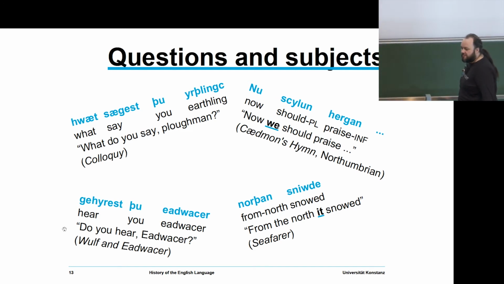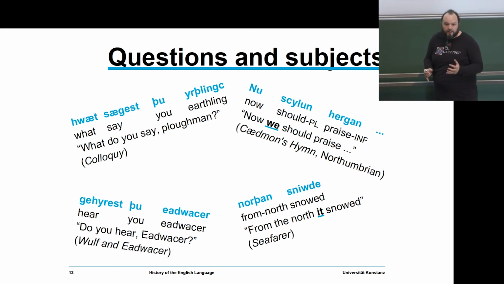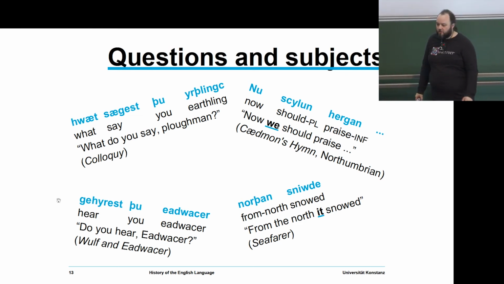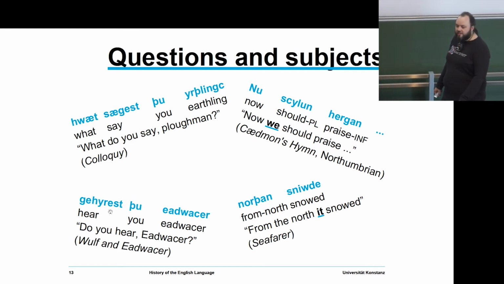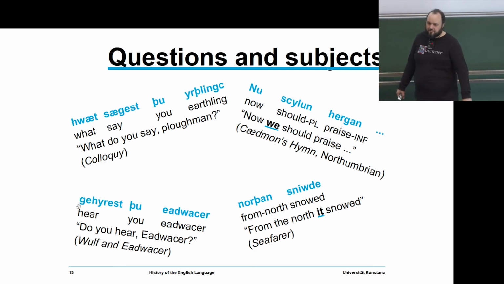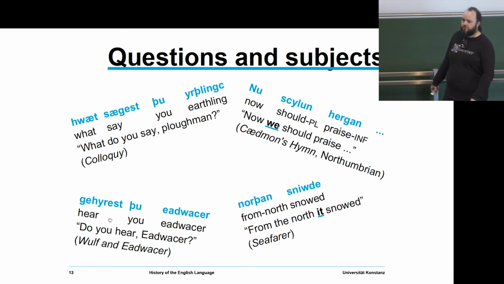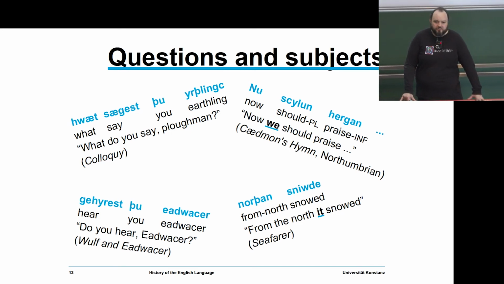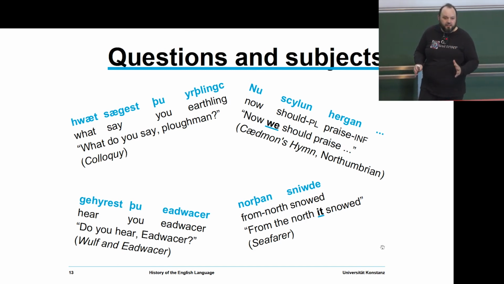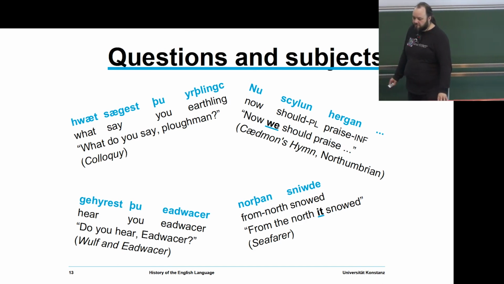This sentence actually means now we should praise, and the we, the pronoun, has actually been left out here. So Old English actually cares so little about subjects that it can leave out pretty much any subject if it really, really wants to. It doesn't always do this. This is a very, very old text, and the old texts do this more. In most Old English texts, at least when the subject actually refers to something like we, it does have to express the subject.